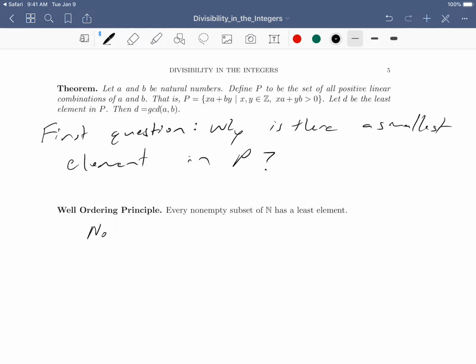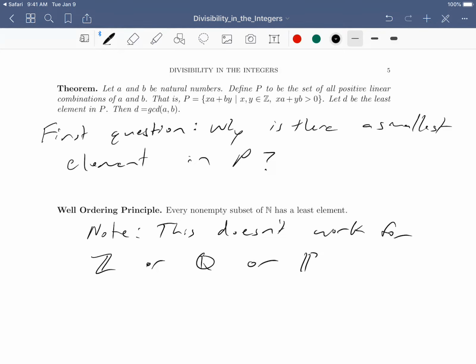And notice that this doesn't work for Z, for example, or Q, or R. If we have a non-empty subset of Z, of the integers, we can go more and more negative with that subset. So like the integers themselves, there is no smallest element in the integers, and there's no guarantee that a subset of the integers has a smallest element either. But the natural numbers do have a smallest element, and any subset of the natural numbers will have a smallest element. So that's the well-ordering principle.